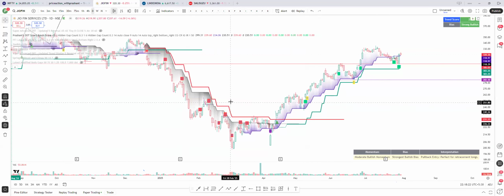So these are based on my secret recipe. It shows the trend bias. You can see here we have a bias, we have a momentum. Momentum is based on lower time frame price action. These indicators are totally based on price action. So they show what is happening in the stock, whether there is a bearish bias or bearish momentum.